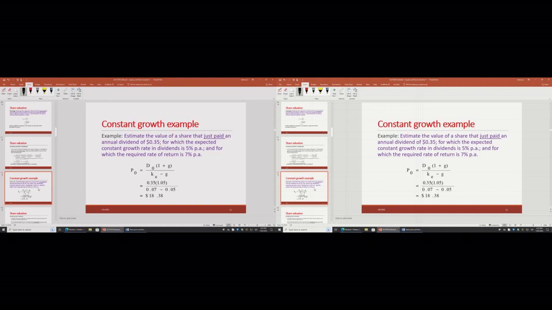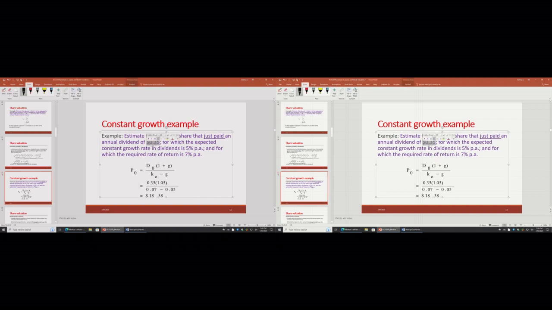Estimate the value of a share that has just paid an annual dividend of 0.35. Growth rate is 5%, and the required rate of return is 7%. People might make a mistake for the numerator. Someone may just use the 0.35.